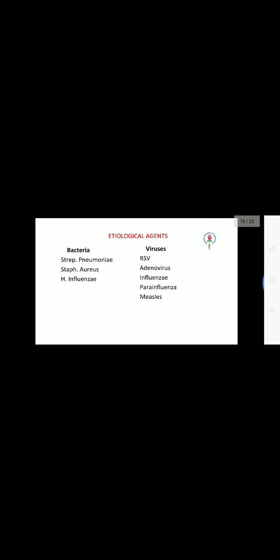So now, having said the various aspects of classification, we go to the etiological factors. The etiological factors depend on the age of the patient. From 0 to 3 months, usually the organisms responsible for pneumonias in infants less than 3 months come from the maternal delivery passages.